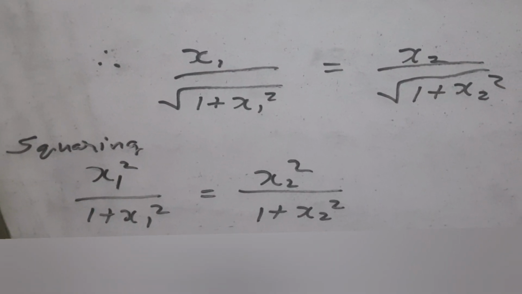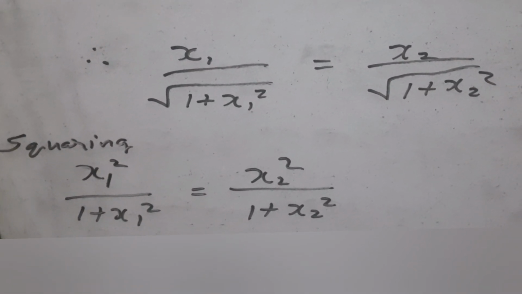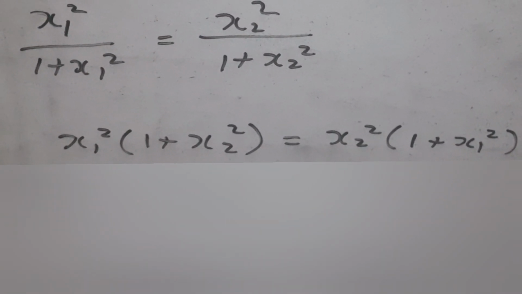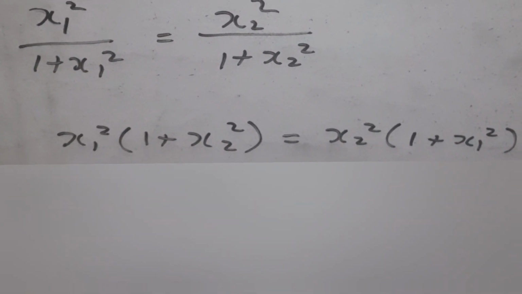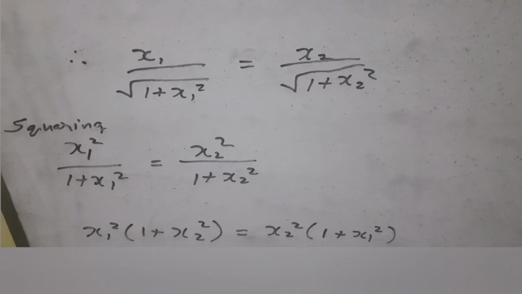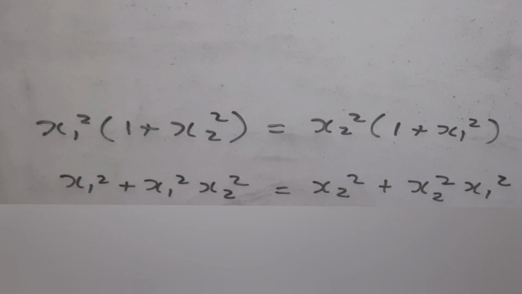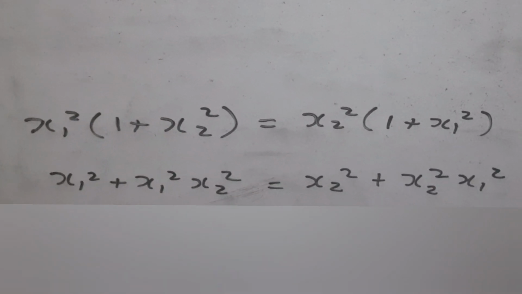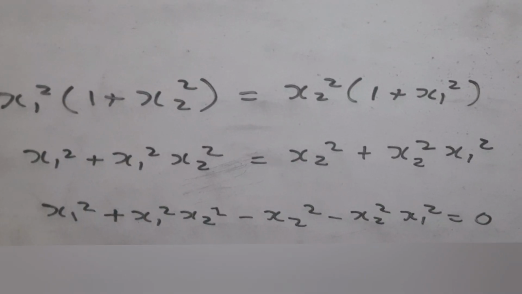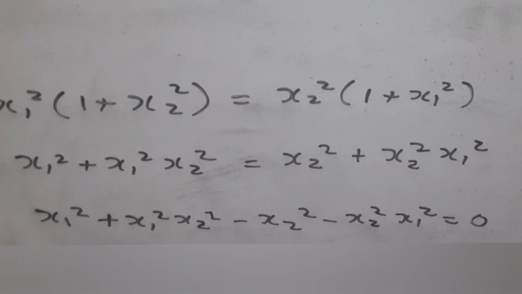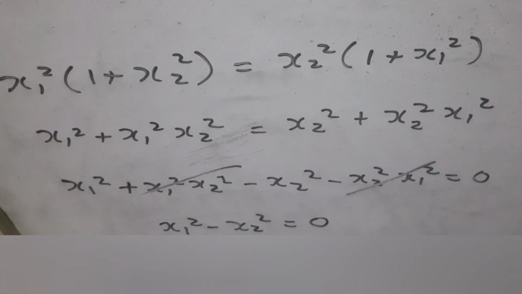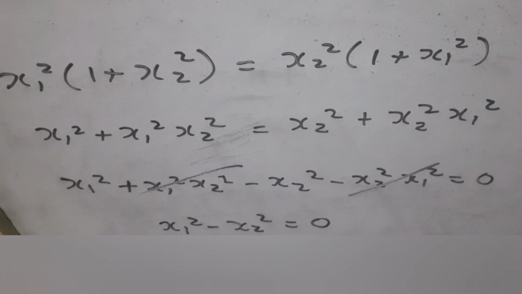Square both sides and try to rearrange. Use the identity for a square minus b square.